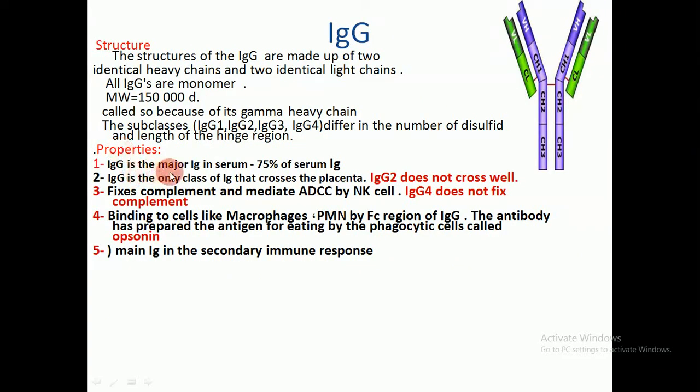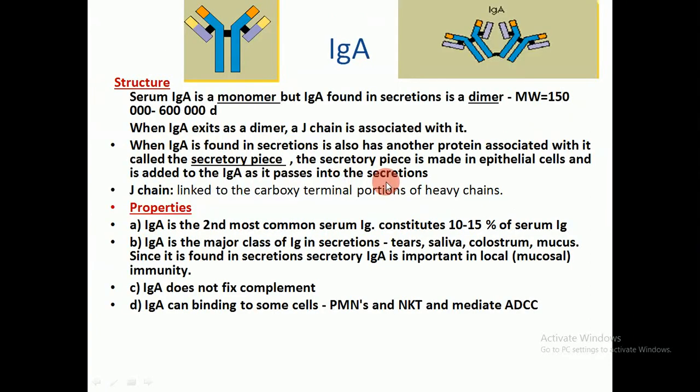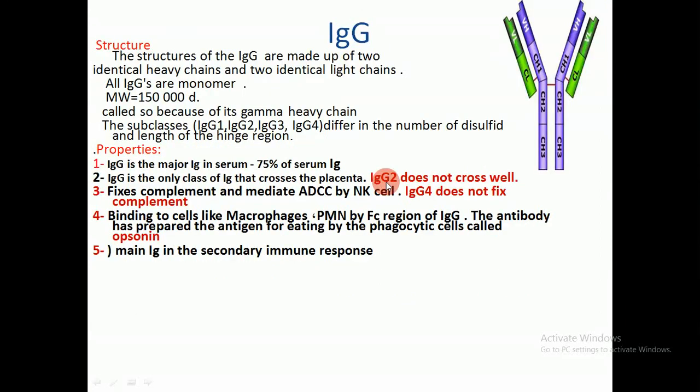Properties: IgG is the major immunoglobulin in the serum, constituting 75% of the serum immunoglobulin. IgG is the only class of immunoglobulin that crosses the placenta. IgG2 does not cross well, and this is of benefit during immunization of pregnant women. So the antibody will cross the placenta and will immunize the fetus.